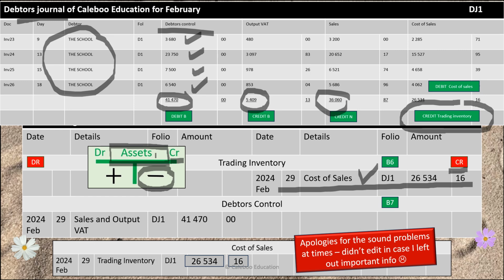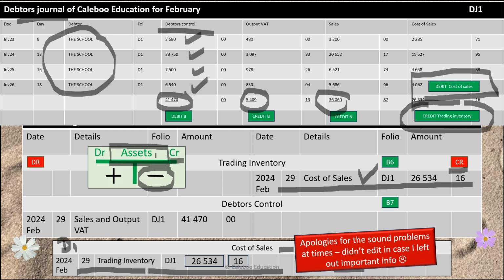Remember, at the point of sale we expense the stock, and we went and debited cost of sales. Now cost of sales is an expense. The expense has increased. The rule says an increase in expense, you need to debit the account.